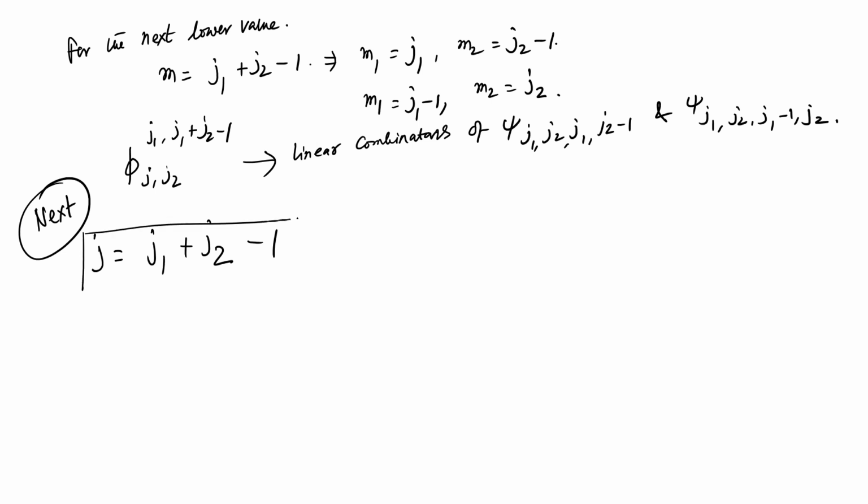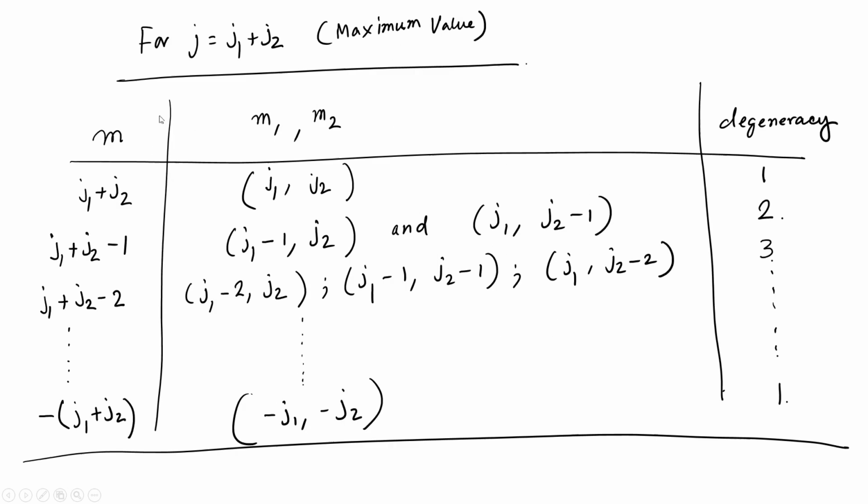So, this is the next lower value of J. We were talking about different values of M here, but kept the value of J equal to the maximum value. But J will also vary from J1 plus J2 to J1, the next value would be J1 plus J2 minus 1, and it will sort of decrease. Ultimately, you would reach mod J1 minus J2, and that is the last value that you have.